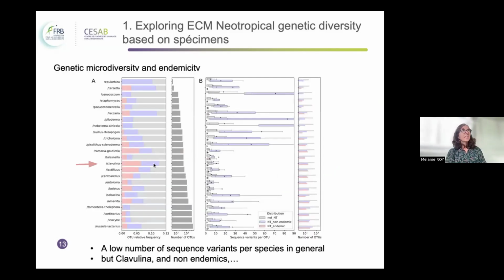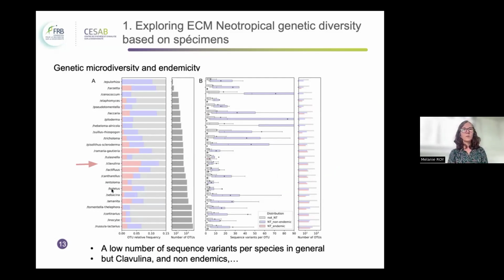Now, looking at the genetic microdiversity, we expected that at least some endemic species from the neotropics would show a high diversity within species. We did not detect this pattern.